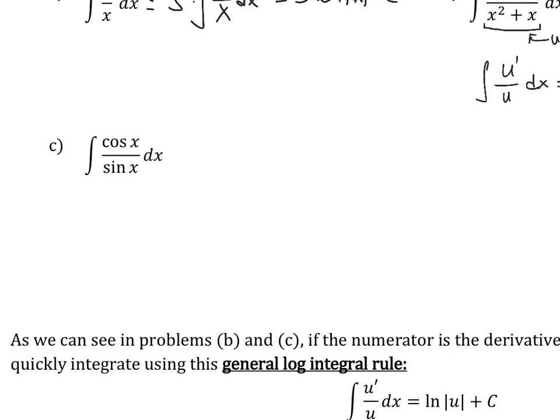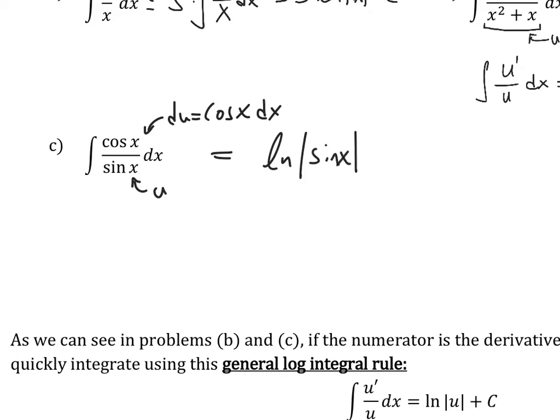What about cosine over sine? Well, let's check. If u is sine, the derivative of sine is cosine. du is cosine, or really we should say cosine x dx. All right, so we've got the derivative on top. That's great. So this is going to be the natural log of sine of x plus c.